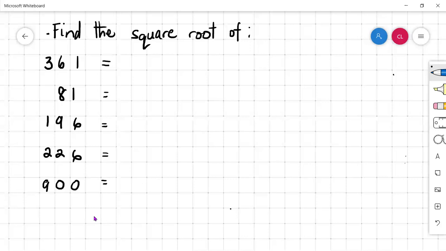And if we look at our square table, we went up to 13, not true?